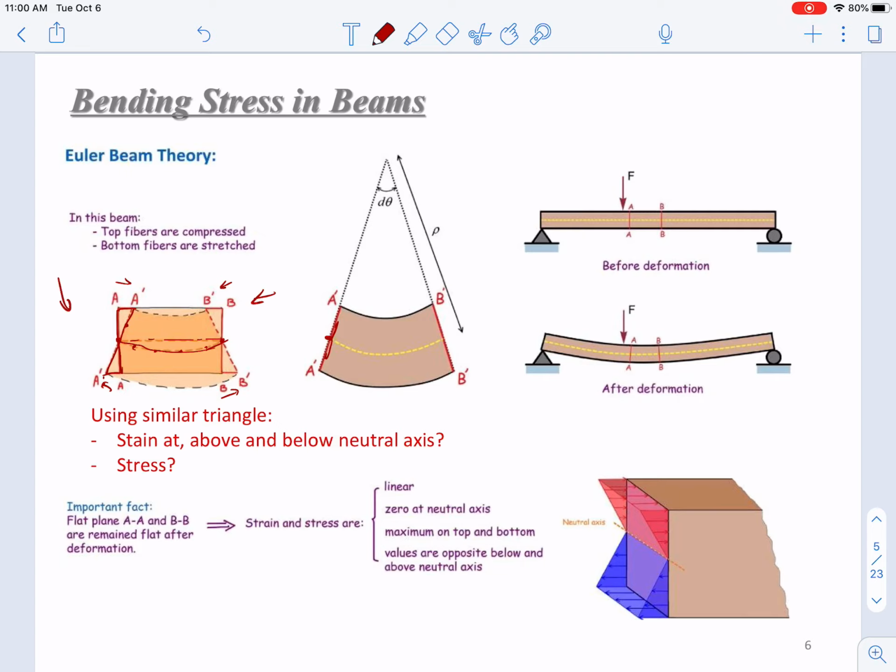As a summary, the stress and the strains are linearly proportional to their distance to the neutral axis, and they are 0 at the neutral axis. They are maximum on top and on the bottom, and their values are opposite below and above the neutral axis.